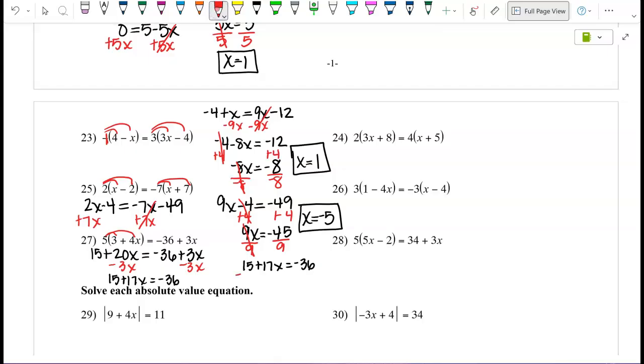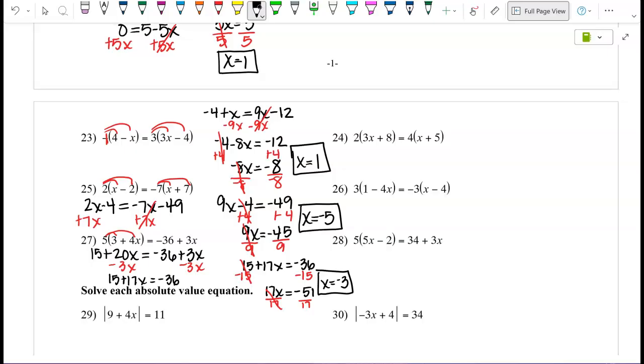Then I need to subtract 15 from both sides. So 17x equals negative 51. Again, they are both negative, which means I need to add them together and keep the negative sign. And then if I divide both sides by 17, I get x equals negative 3.